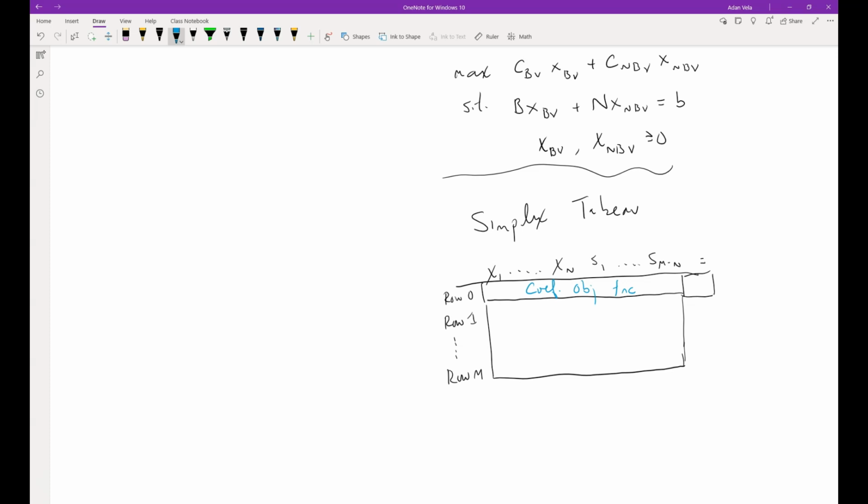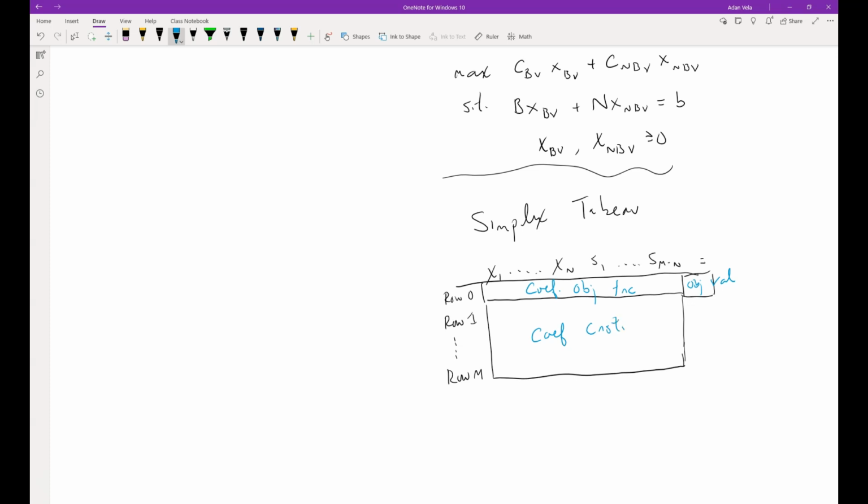The next segment is, what is the objective value? And finally, we have the constraint equations, or the coefficients of the constraints.